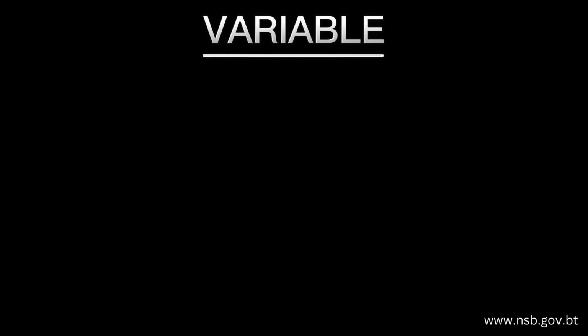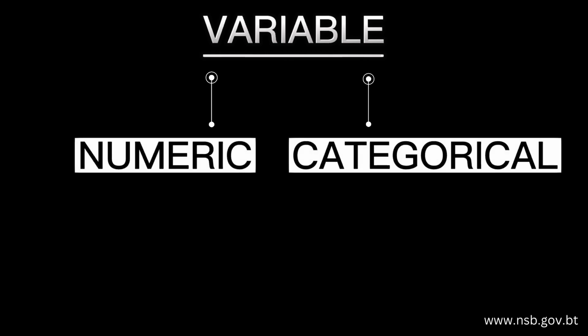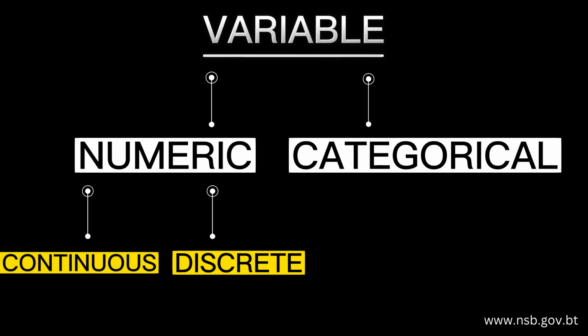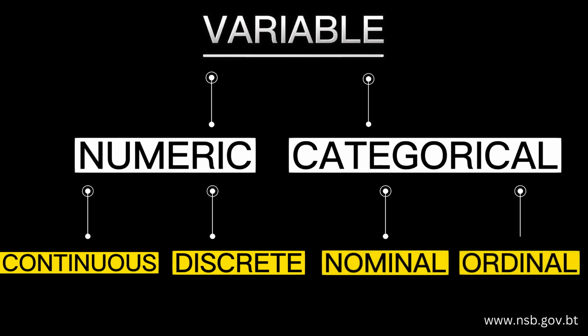To simplify the whole concept of a variable, let's look at this illustration. First, a variable is broadly divided into two, numeric and categorical variables. The numeric variable is then divided into two, the discrete and continuous variables. And the categorical variable is further divided into two, nominal and ordinal variables.